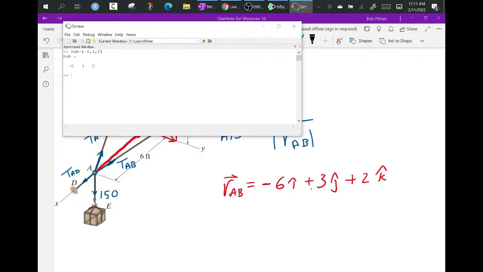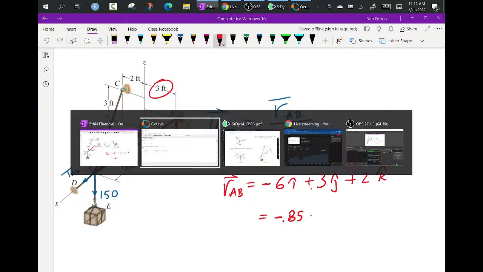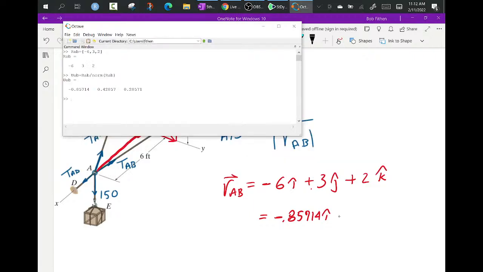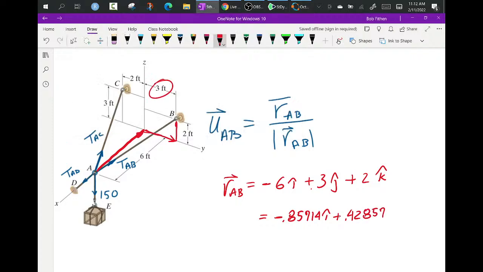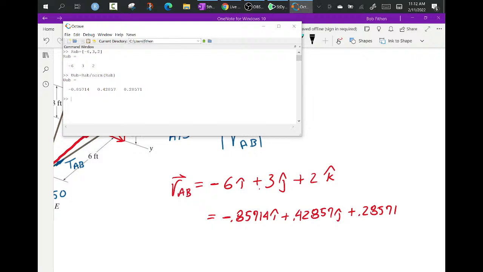And then UAB is equal to RAB divided by the norm, or the magnitude, of RAB, which gets me about minus 0.85714 I plus 0.42857 J plus 0.28571 K.